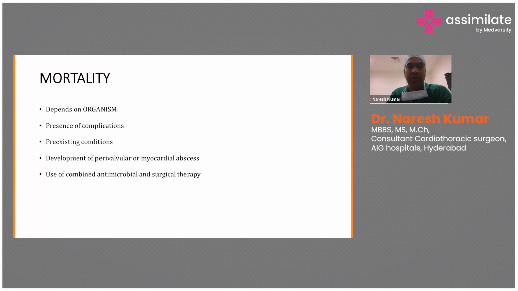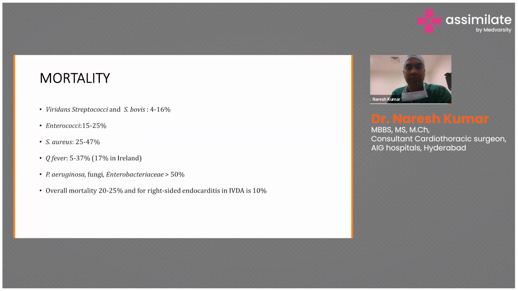This is the percentage of mortality in various studies. Staphylococcus aureus carries a very high mortality of 25 to 47%, followed by fungal and enterobacterial organisms. Most commonly, Streptococcus viridans has a milder course with a lower mortality of 4 to 10% or 4 to 16%.